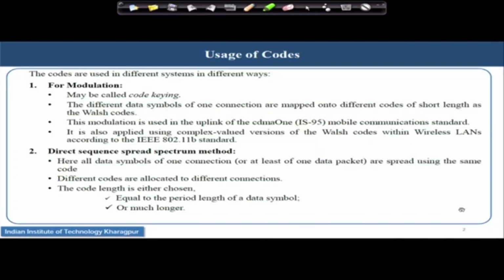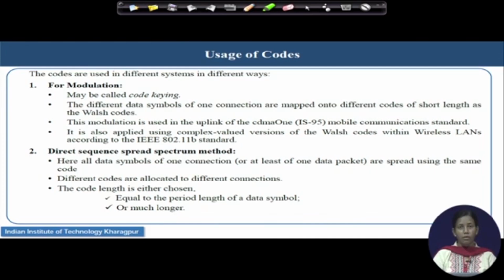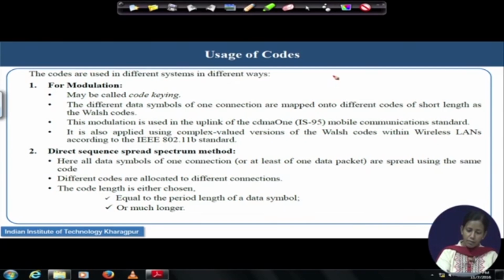The way codes are used in spread spectrum communication systems may be broadly classified into two ways. One is for modulation, which we call code keying. When codes are used for modulation, you take each data symbol of a user, or a single connection, and each of these symbols is mapped into different codes.